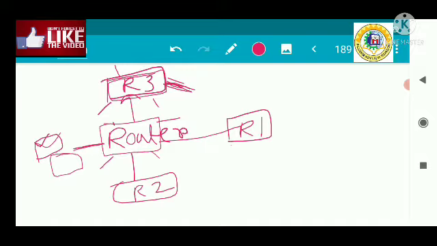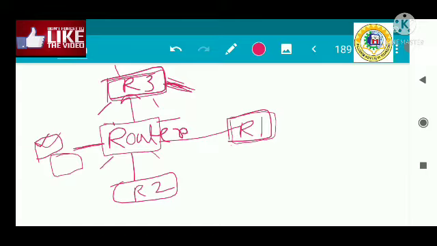The algorithm decides the shortest path or the minimum cost. Depending on this parameter, the routing algorithm updates the routing table, and according to the routing table the router forwards the data to its proper destination. Okay, so that is the picture.